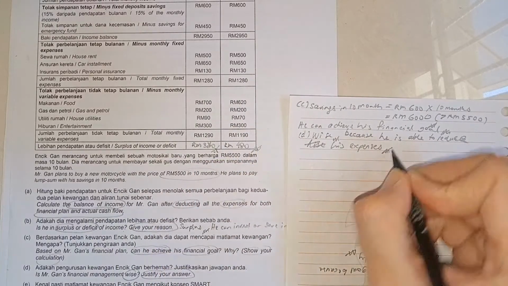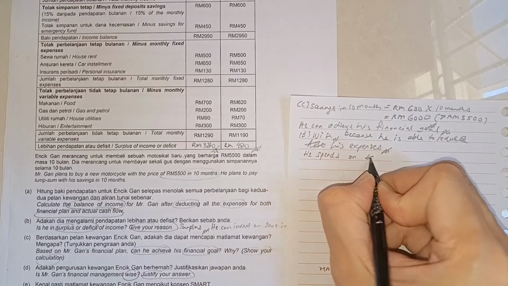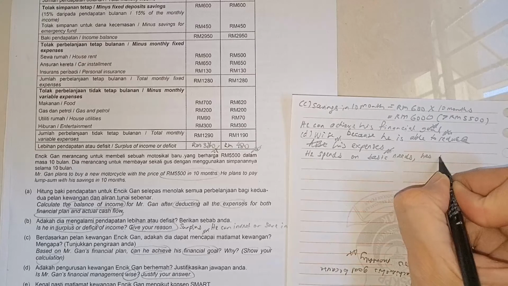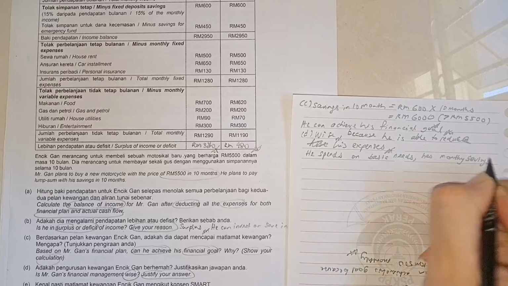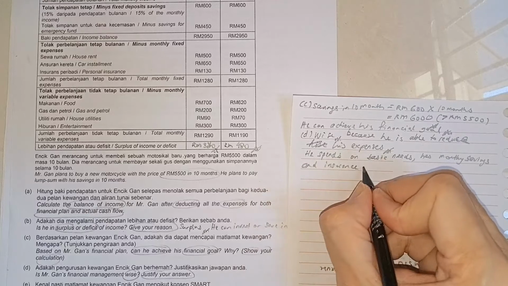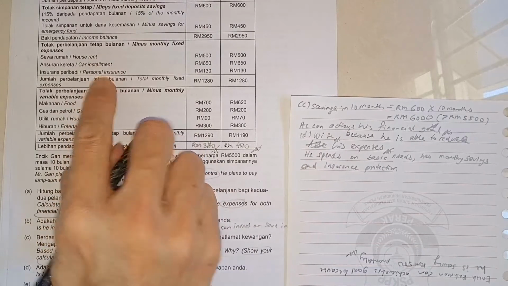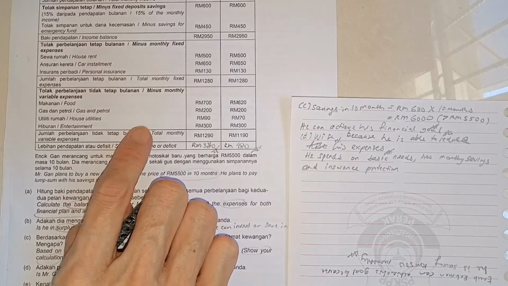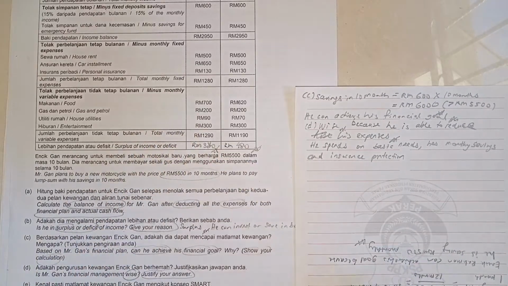And then you can also answer, he spends on basic needs, has monthly savings and insurance protection. Okay, he got personal insurance, and then he got monthly savings. And then he spends only the necessary. He didn't overspend like traveling or anything.